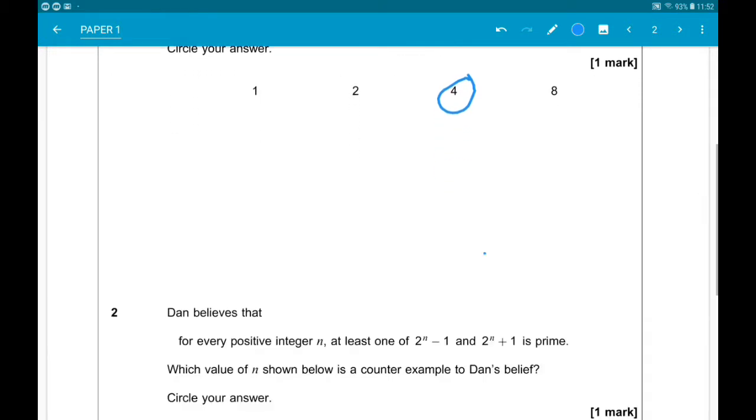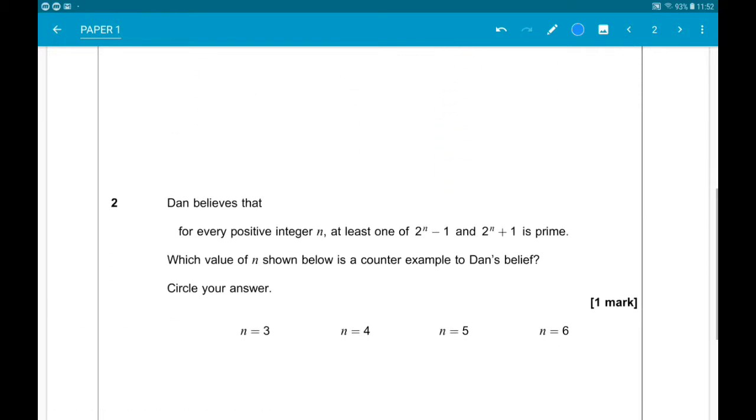Number 2, Dan believes that for every positive integer value of n, at least one of 2 to the n minus 1 or 2 to the n plus 1 is prime. Which value of n shown below gives a counterexample to Dan's belief? So we need one of these values of n to make this not work.